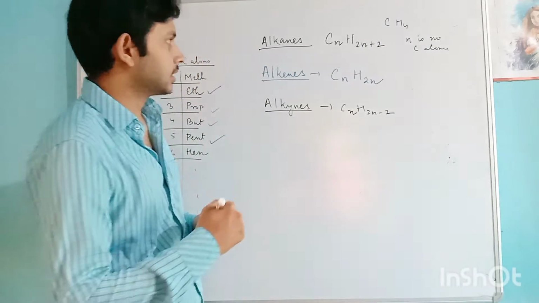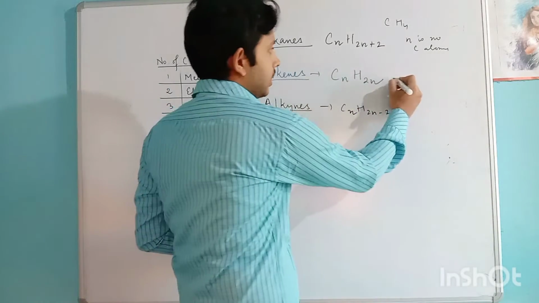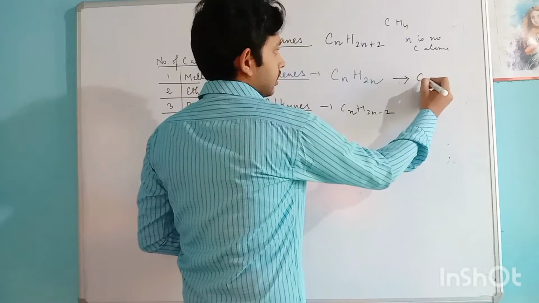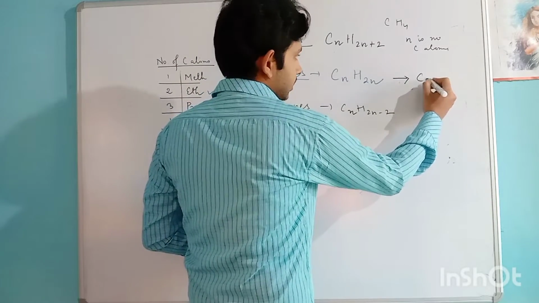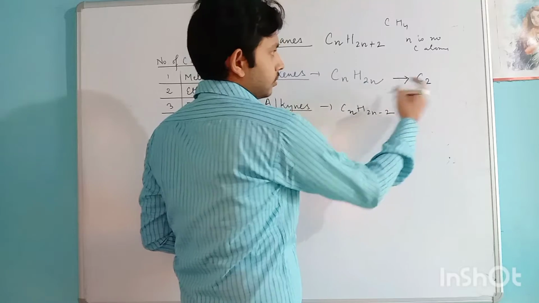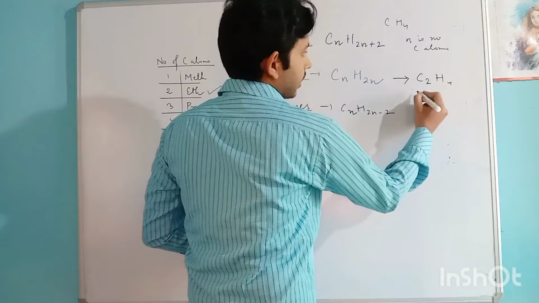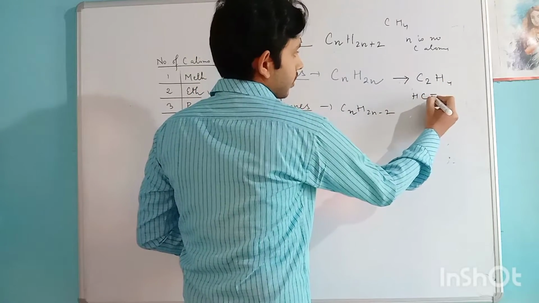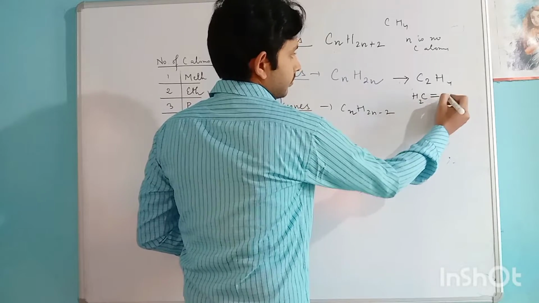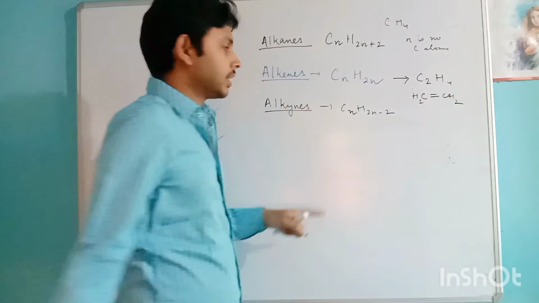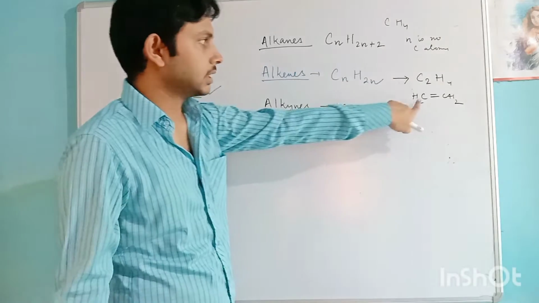So the simplest member of alkenes is what? C2H(2 times 2), C2H4, which you can write like this also. This is ethene.